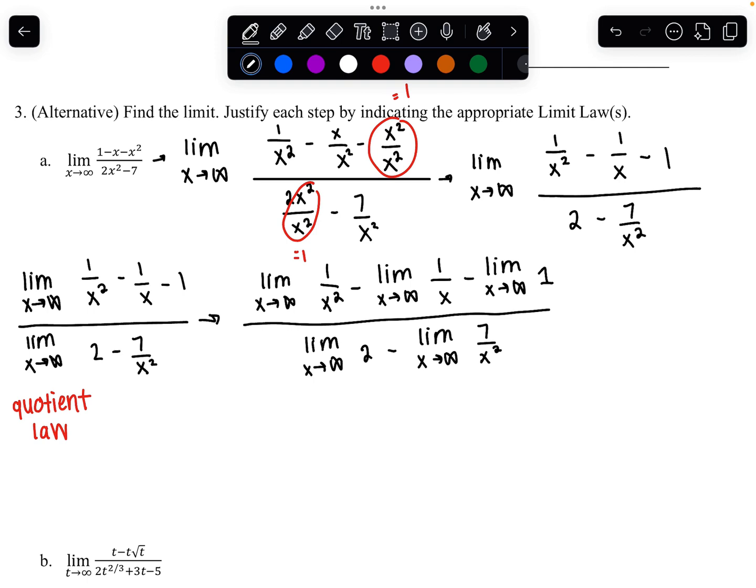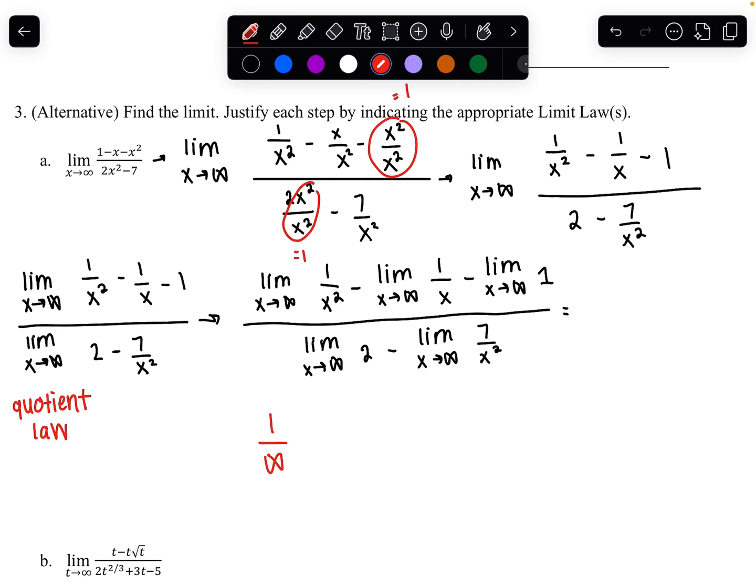Okay. Now we're ready to take all of these individual limits. 1 over x squared. As x squared gets really, really big, I'm going to have 1 over a really, really, really big number. Now, I'll give you a second to open the calculator on your phone and do 1 divided by the largest number you can think of.